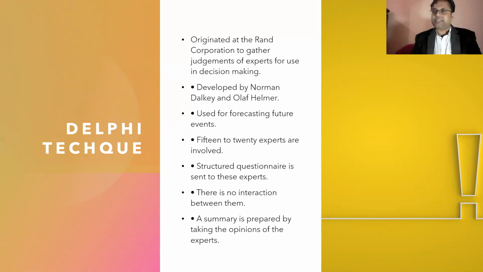They are not discussing. What we are going to do is develop a structured questionnaire about the problem, and send this structured questionnaire to each and every expert. That is, the 20 experts we have identified. There is no interaction between them. They will give the answers to the structured questions.